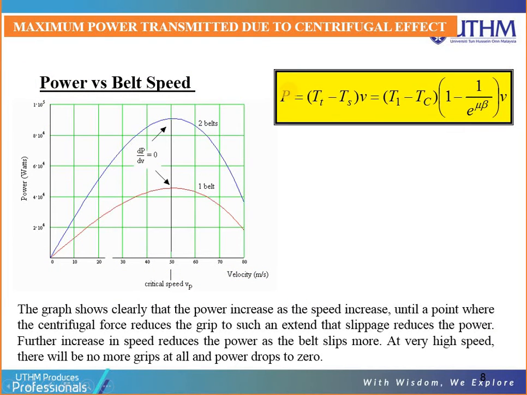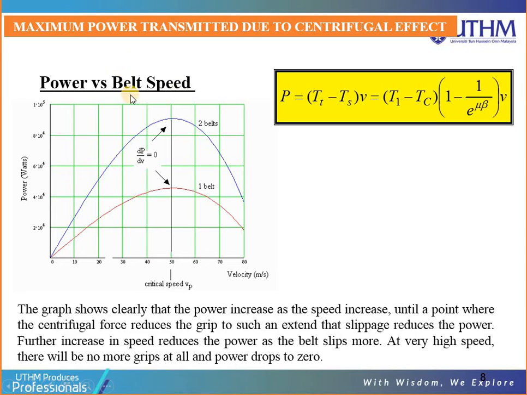Let's see what is the maximum power that could be transmitted due to the centrifugal effect. Let's see the graph first. The red color represents only one belt. The blue color represents two belts in a system. You can see that the power produced by one belt compared to two belts is a bit higher.